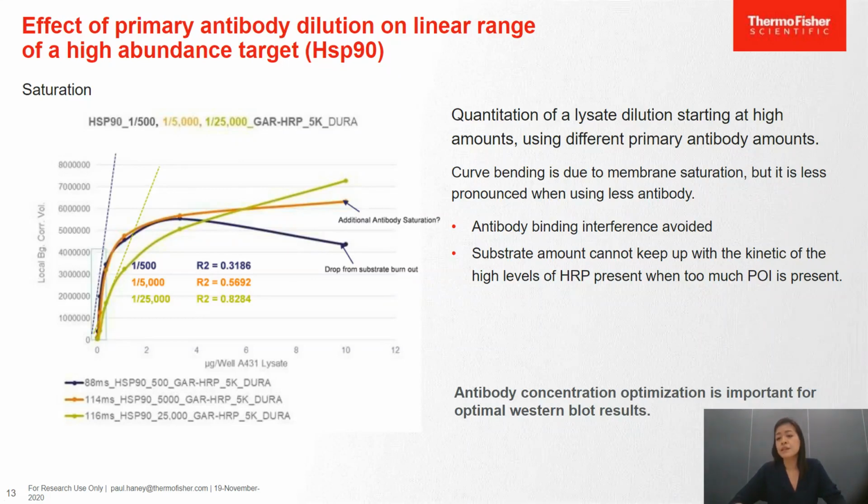But also notice that when less antibody is used, in the line in green, the curve bending is less pronounced. And this is because antibody binding interference is avoided. And when antibody concentration is very high, like the line in blue, there is even a drop in signal due to substrate burnout because the substrate amount cannot keep up with the kinetic of the high levels of HRP present.